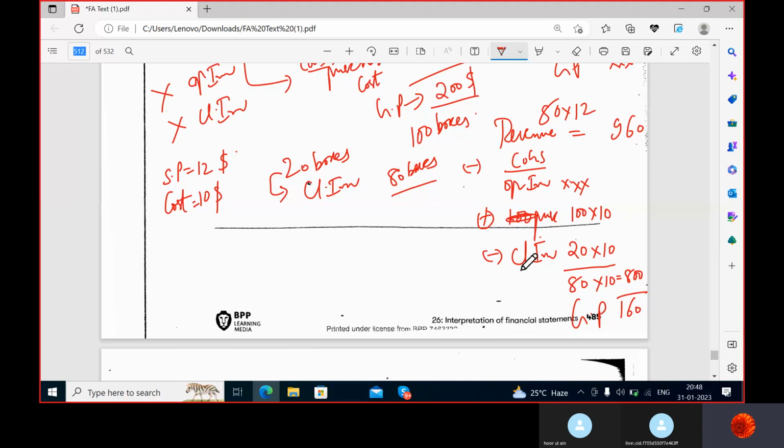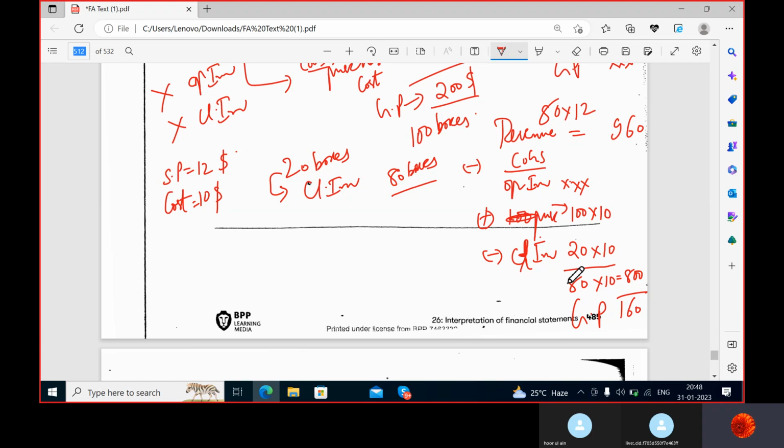Many students are very much confused about why we subtract this closing inventory from cost of goods sold. Did you have this doubt previously, Hamsika? Yes, sir. The reason we subtract closing inventory is that we take the entire boxes we have purchased and remove the boxes which we did not sell.